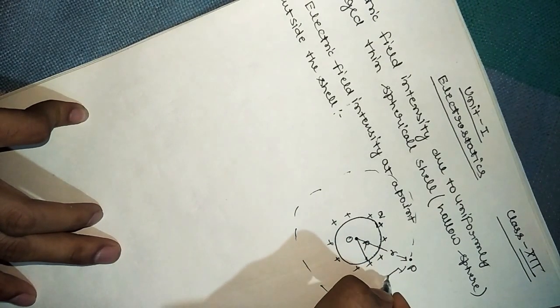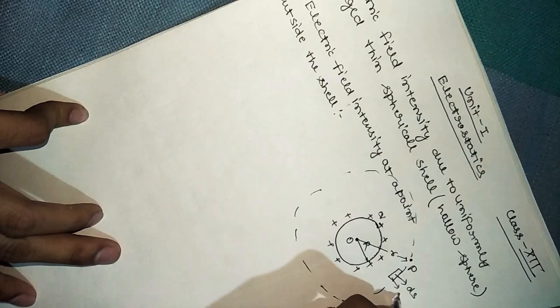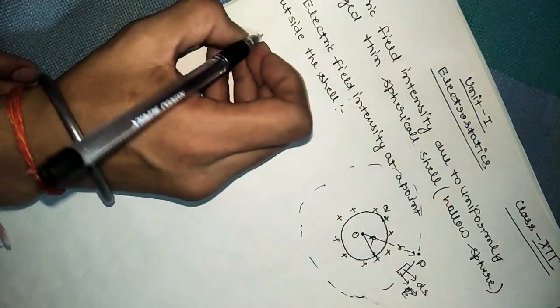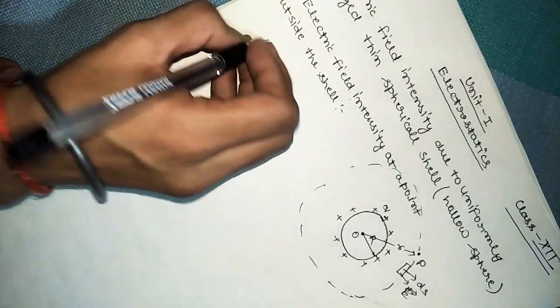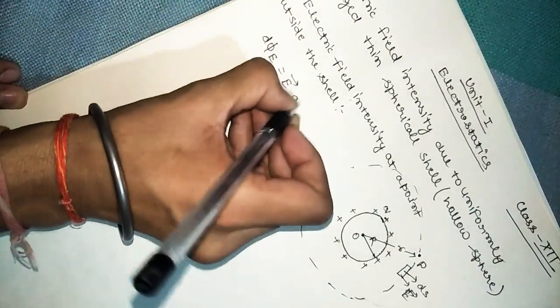Let a small area over this be ds, and the electric field is capital E. So how will you find out the small flux? d phi E is equal to E dot ds.